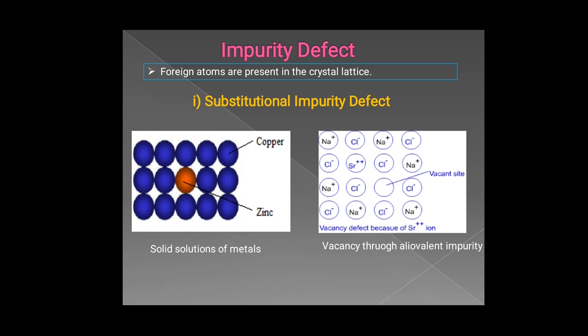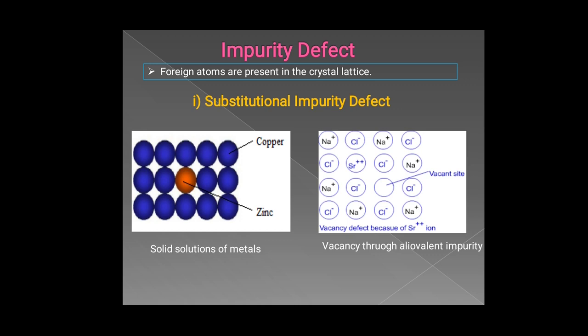Now the substitutional impurity defect might occur in a crystal having ions, that is cations and anions. If you see here, this is a crystal having Na plus and Cl minus, alternately arranged. A place is vacant over here, and that place is of the Na plus, that is the missing place of the cation.